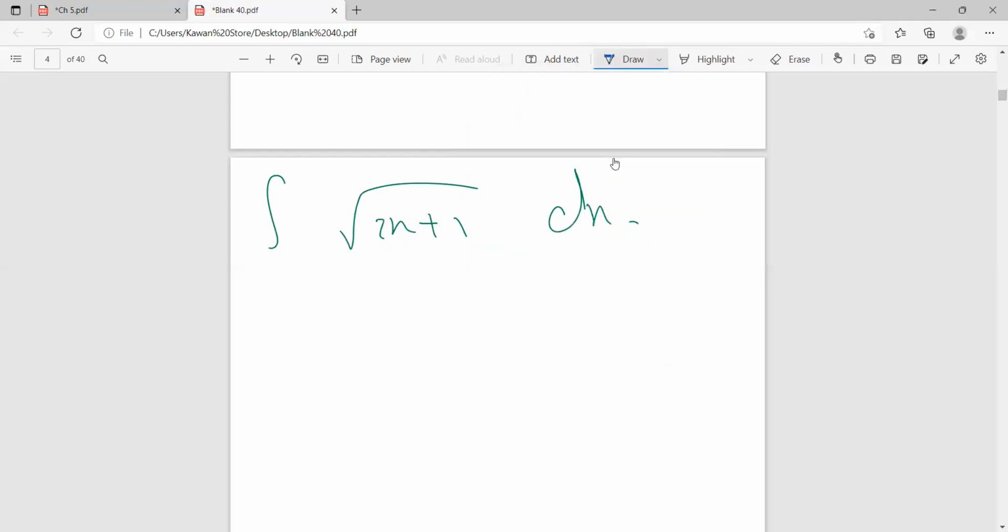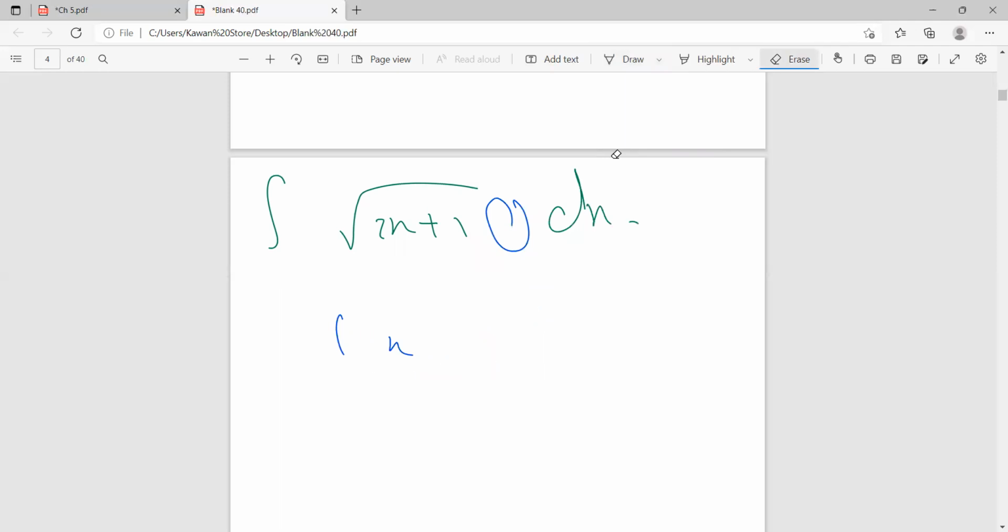Again, if I have a square root or cubic root or any exponent, meaning if I have (2x plus 1) to the 3 over 2, or 1 over 2, or minus 1 over 2, or whatever, with just an exponent and nothing else, try to find the derivative of the inside and solve it by u du.